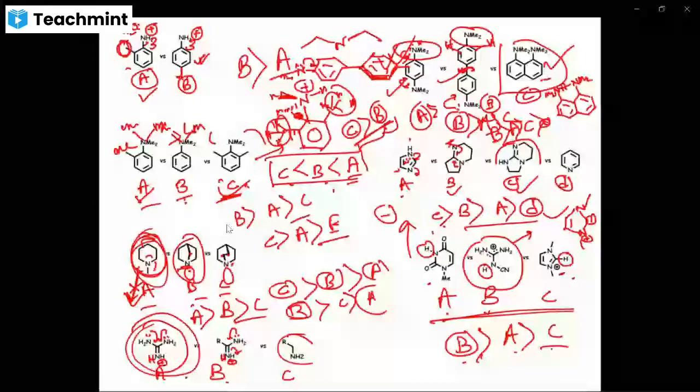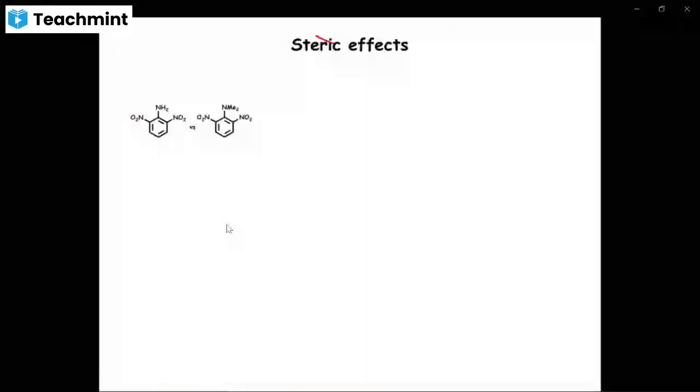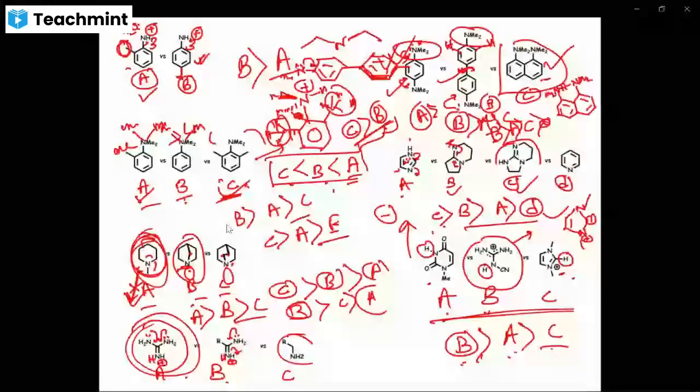Understand? Okay. So then steric effect, we already discussed about it, the steric inhibition of resonance. Yeah, tell. Nitrogen, what nitrogen in, what is that? Which one?